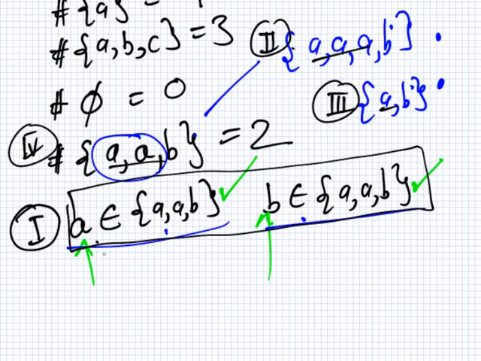Next. True. Next. What are we saying for G? True. Yeah. H. True. Yes. And I. False. Very good. Okay.